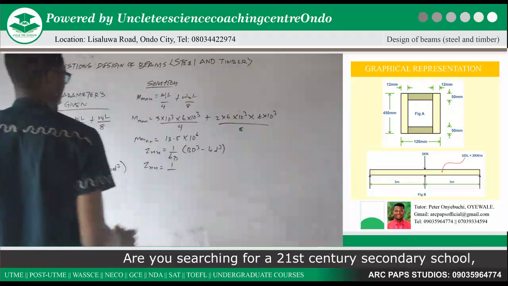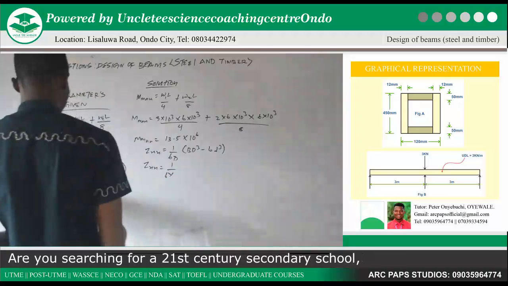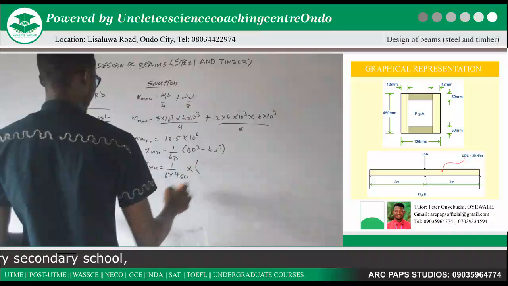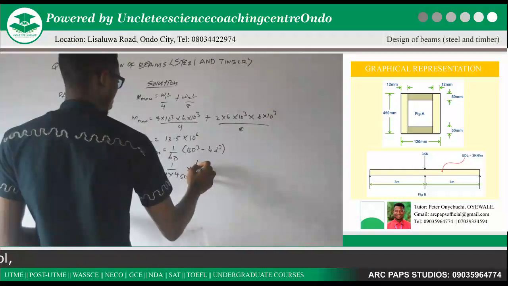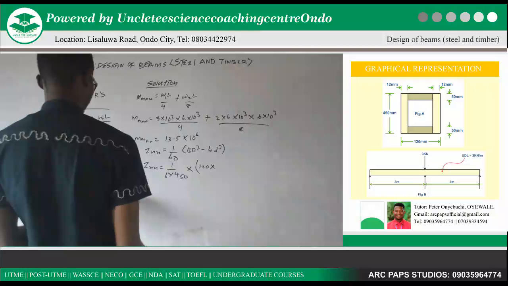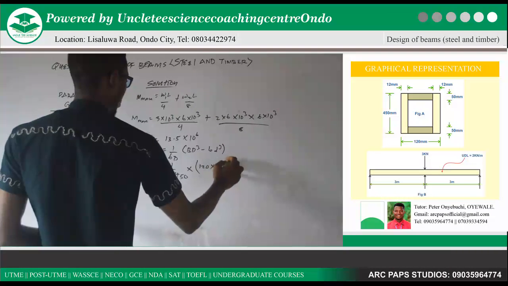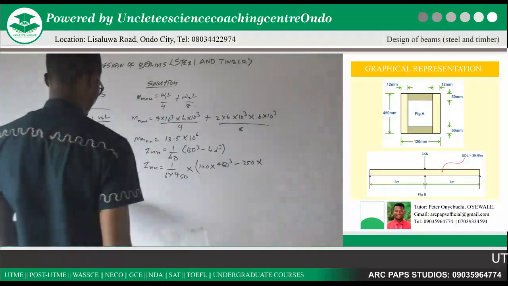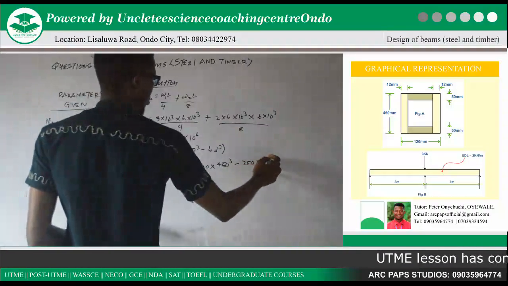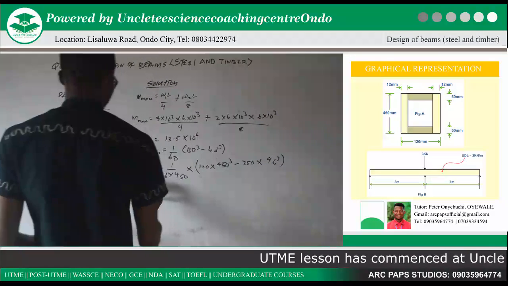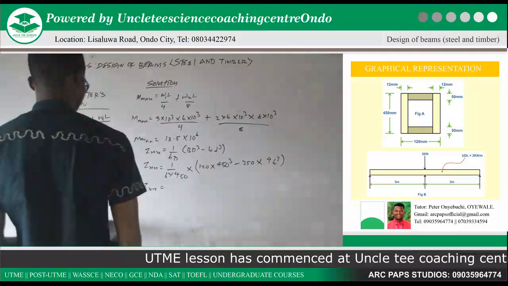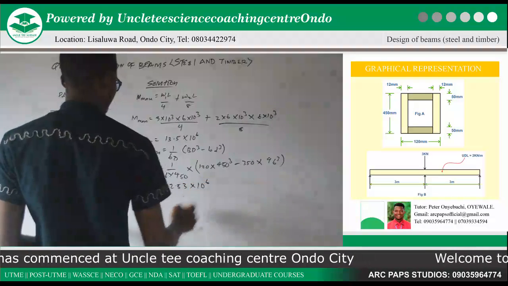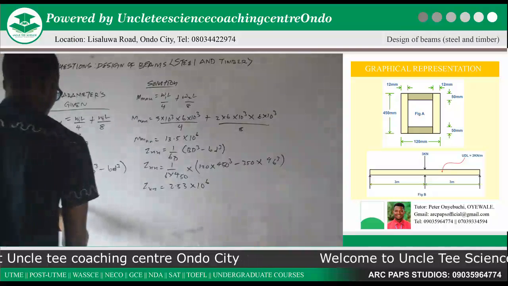Now our Zxx will give us 1 divided by 6 times our D, which is 450, times our capital B, which is 120, times 450 raised to the power 3, minus our small b, which is 120 minus 24, that will give us 96 raised to the power 3. Now using our calculator, our Zxx will then give us 2.53 times 10 raised to the power 6.